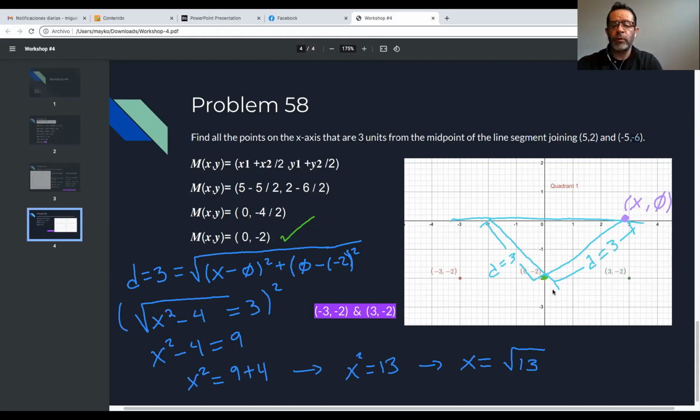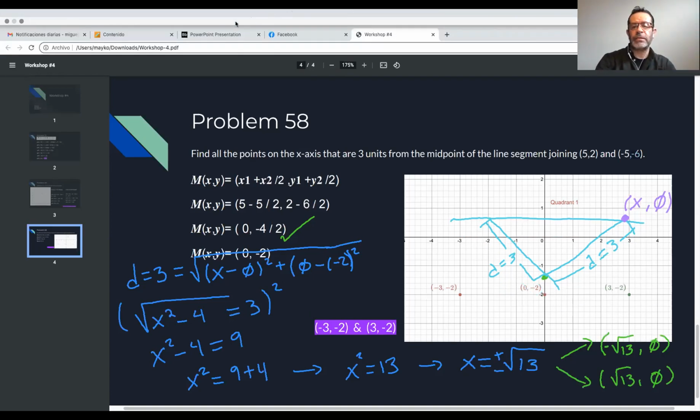But remember that the square root is plus minus. So the 2 points we're looking for are going to be the square root of 13 comma 0 and negative the square root of 13 comma 0.